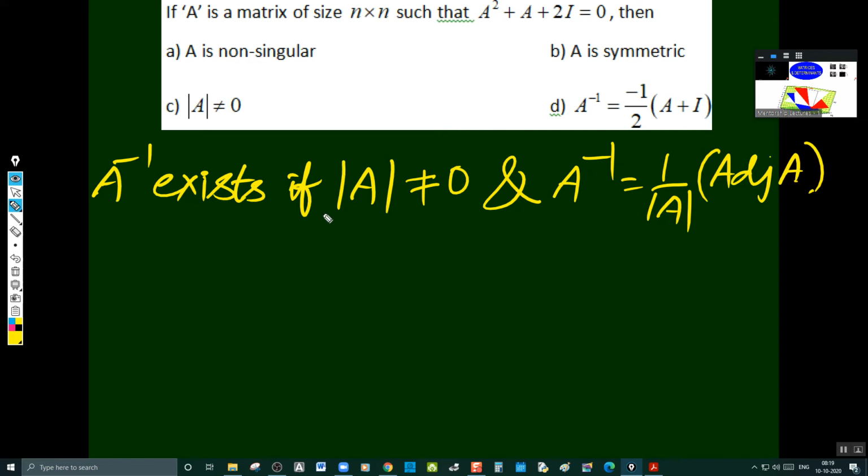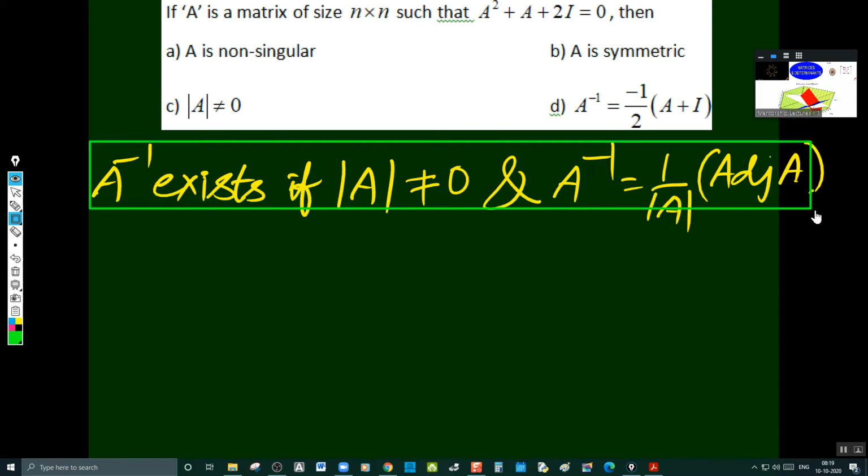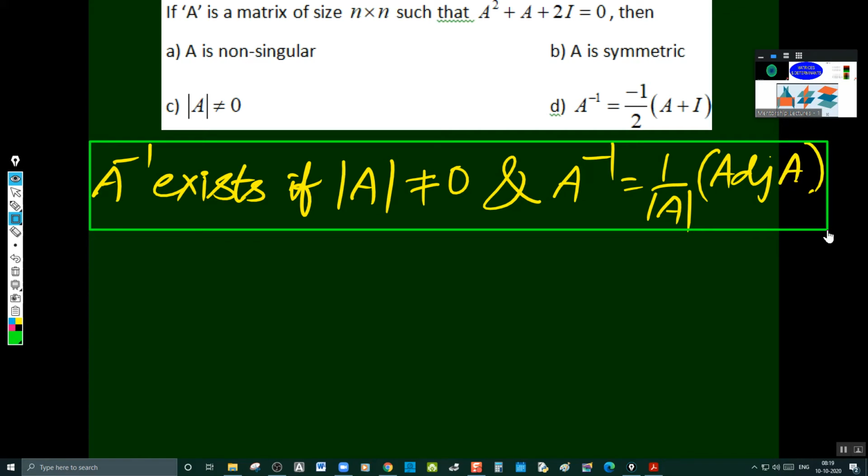And one more thing: after learning the formula, what students generally forget is the definition, because they try to remember the formula and forget the basic definition of it. So, what is the definition of the inverse of a matrix?